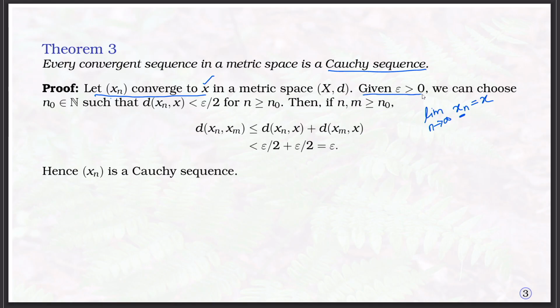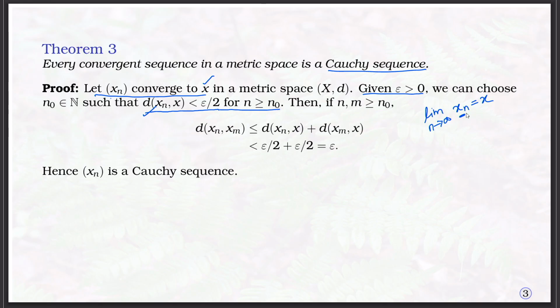Given epsilon greater than 0, we can choose n naught belonging to N such that the distance between xn and x is less than epsilon by 2 for all n greater than or equal to n naught. This is true. Why? Xn is a convergent sequence.